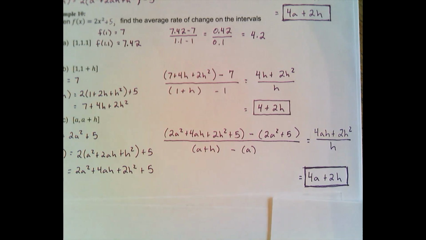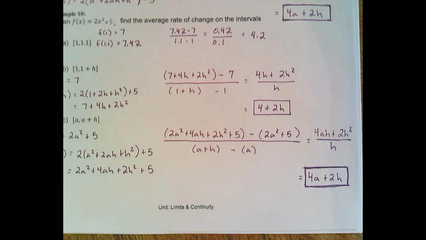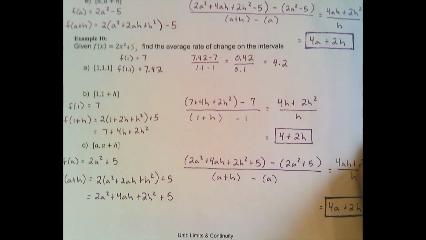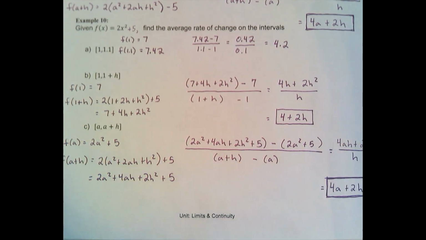So this leaves us the question, why did we get the same answer in example 9 that we did in example 10? And I've tried to hint at it. It's not in our notes, but I do want to sketch you a reason why that happens.